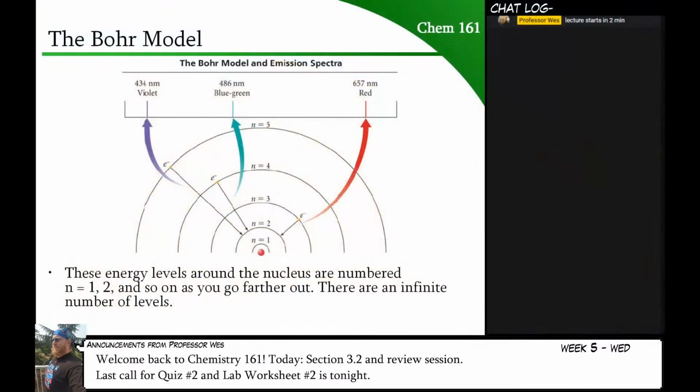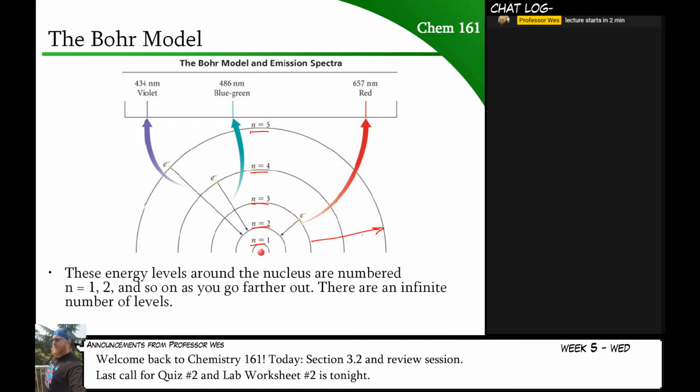All right. Let's talk real quick about the Bohr model. This is where we left off last time. We talked about how when electrons orbit a nucleus, if we make an assumption that they orbit in these energy levels, and we give them energy, they will move outward.